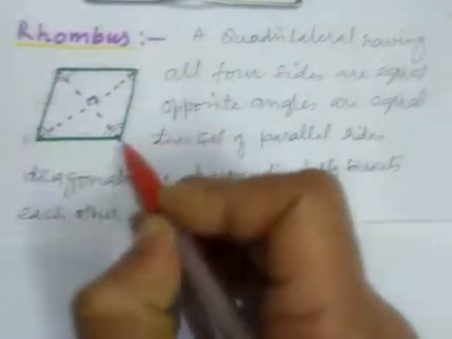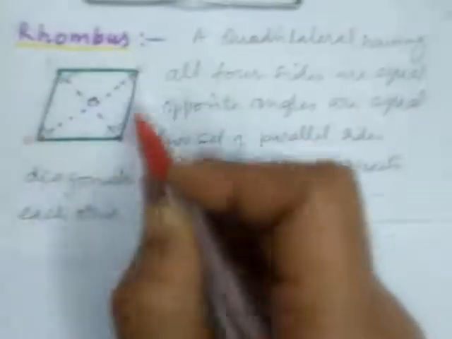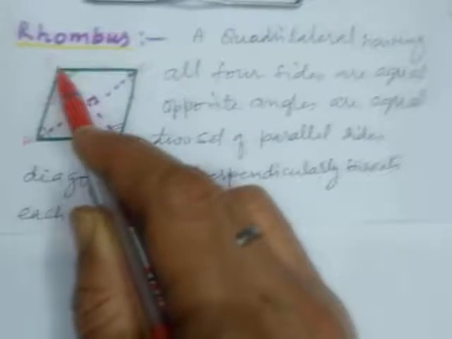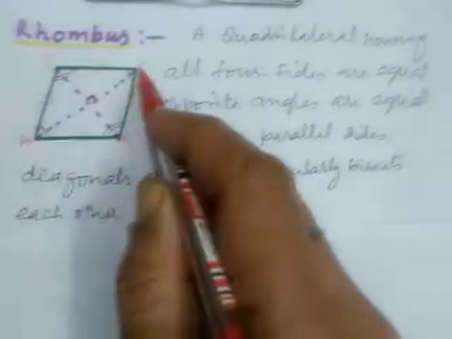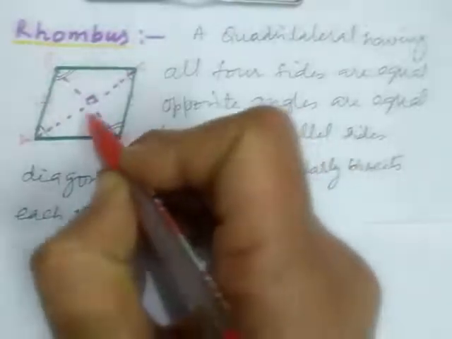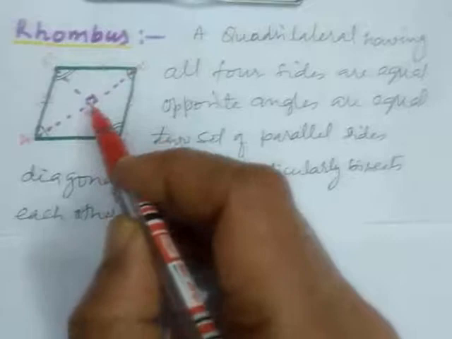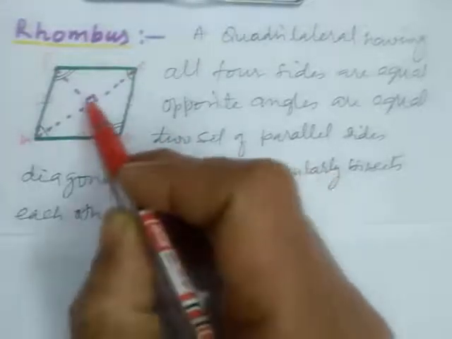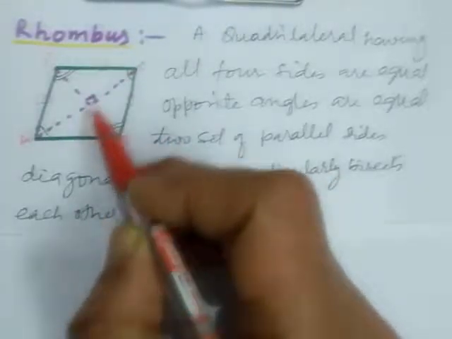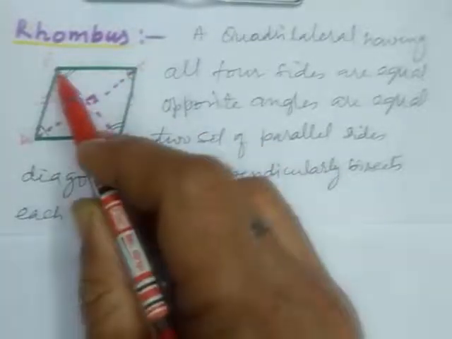This is the diagonal. AC and BD are the diagonals, and diagonal AC bisects the diagonal BD at O perpendicularly. That is, this angle is a right angle. So AC makes a right angle with BD.